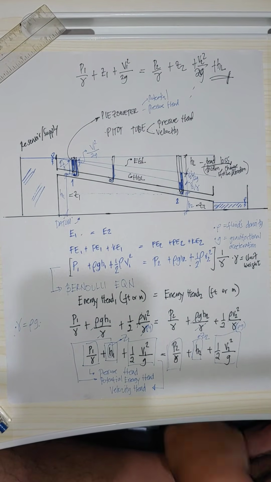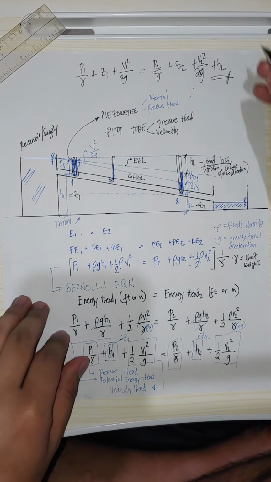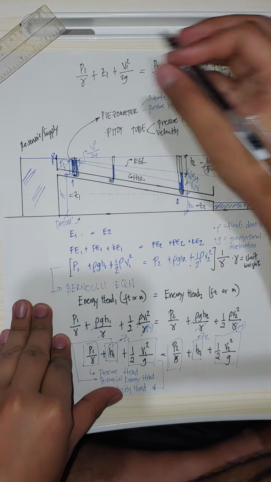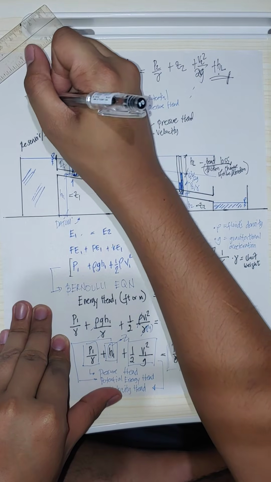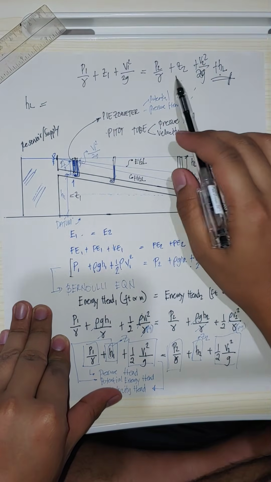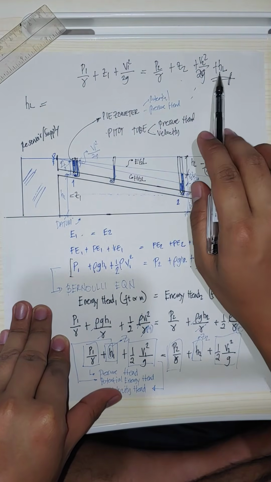If we rewrite the whole equation for the total head loss, we move terms so that only head loss remains to be solved.